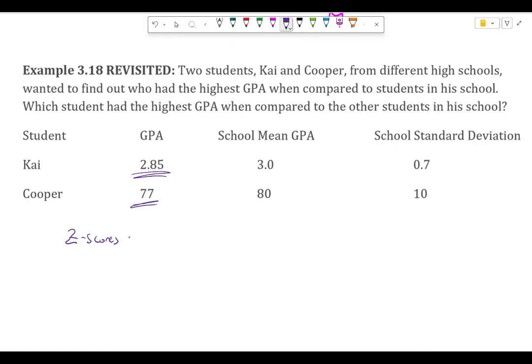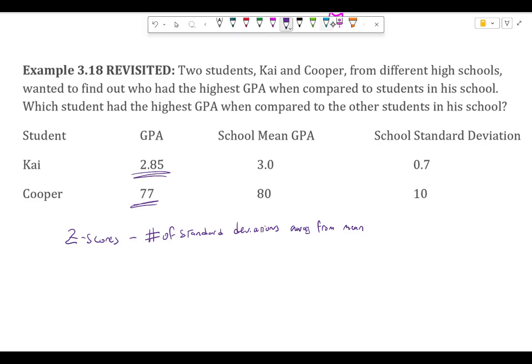Again, the z-score just represents the number of standard deviations away from the mean. In the other video, we calculated these deviations. We just didn't call them z-scores. What we calculated is exactly what we're doing here.